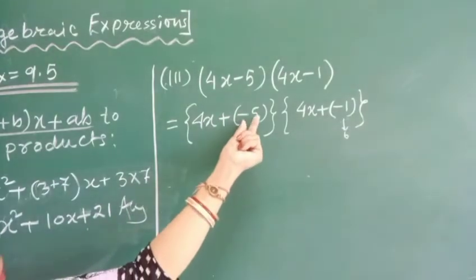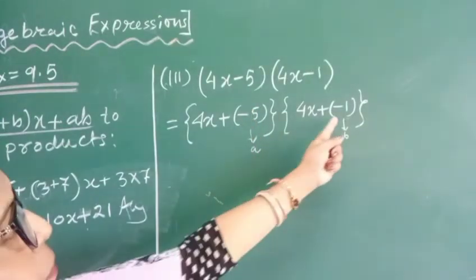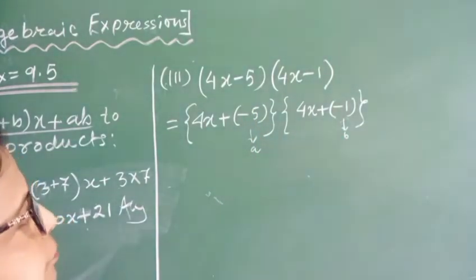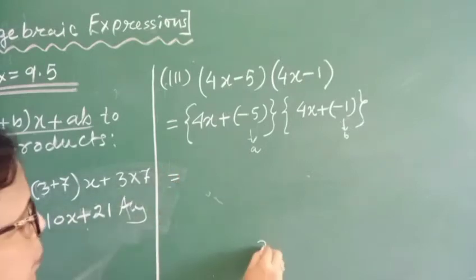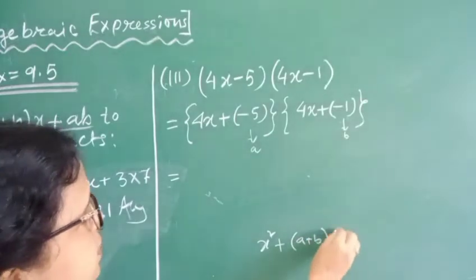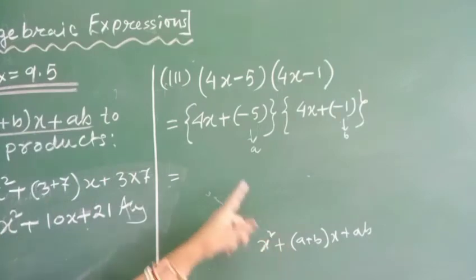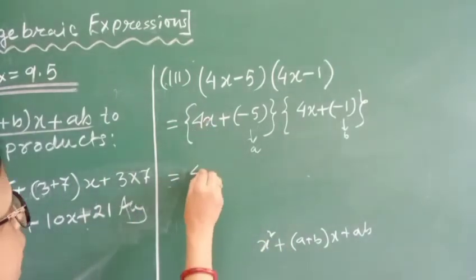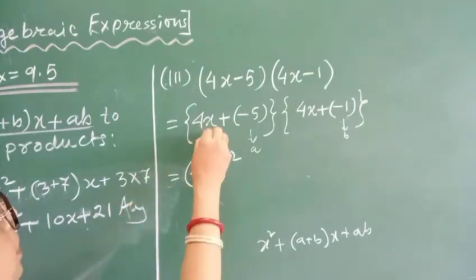Inside the bracket I am taking minus 5 as a and minus 1 as b. Then by using that identity, what will we do? X square, we remember, x square plus a plus b into x plus a into b. So the same way we will do here. 4x square, that is our x here. This single 4x is our x.